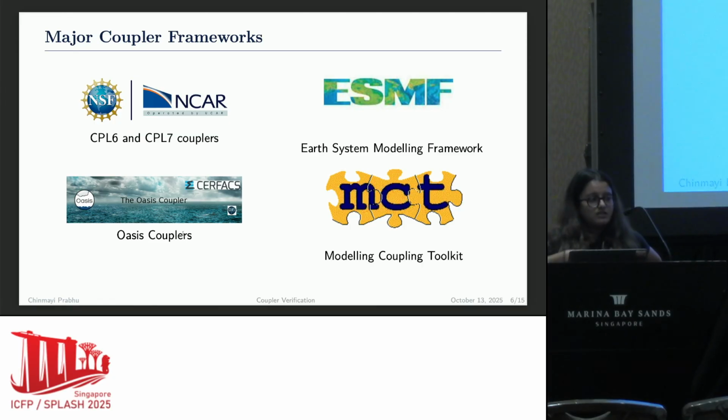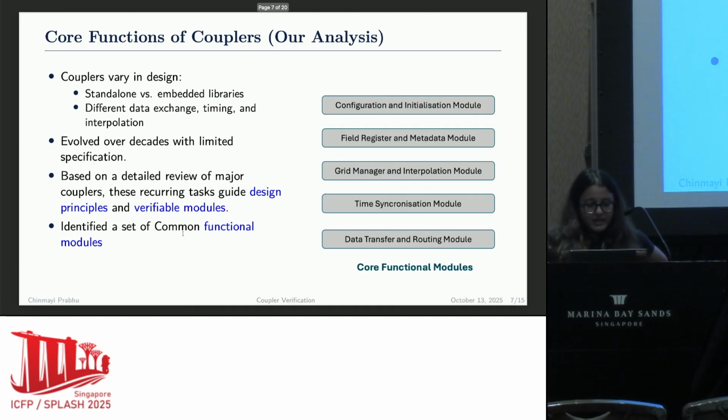It basically tells how the communication pattern is done between the various models, and also how interpolation is done, for instance, or other operations are done using the library. Now, the couplers, in general, vary in design, be it a standalone coupler.